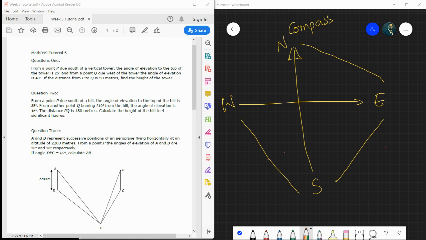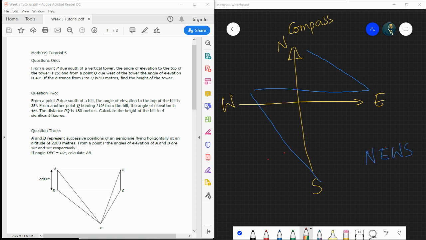That's one way to remember. But if you can't remember that, there is another way, which is NEWS. So however the case, try to remember it and get it right, because if you get your east and west wrong, the whole problem would be problematic.